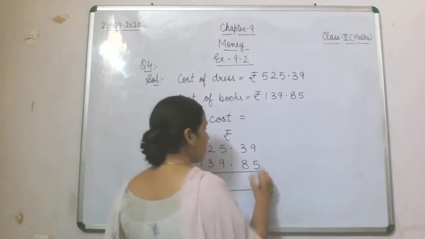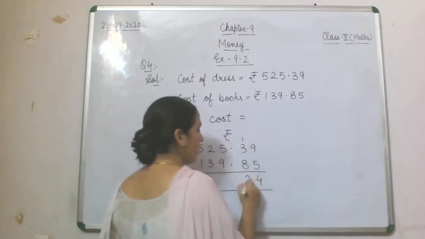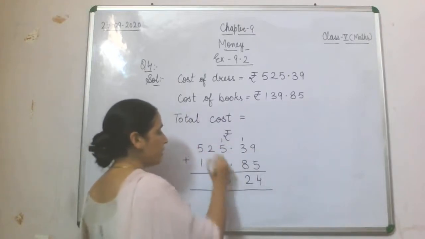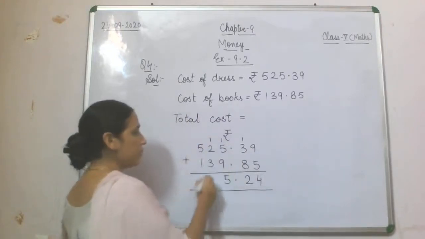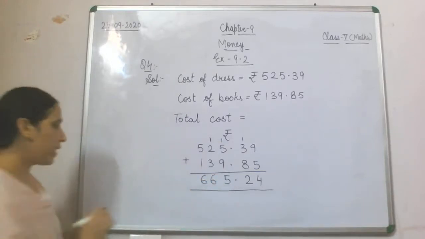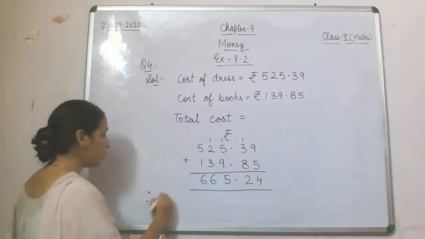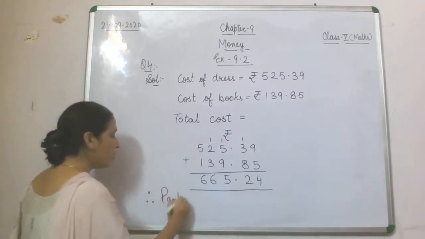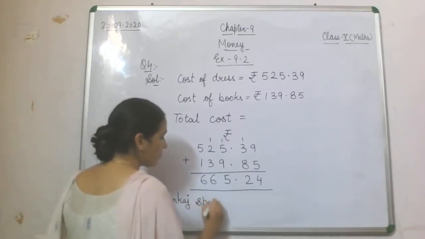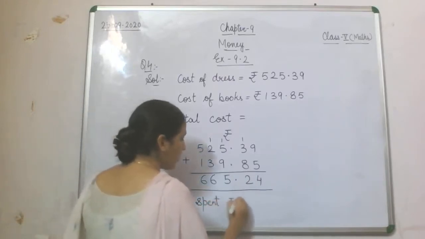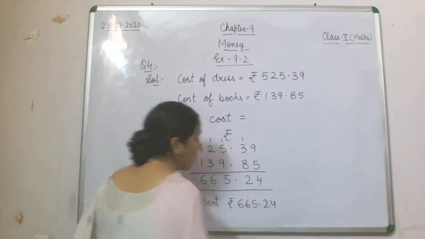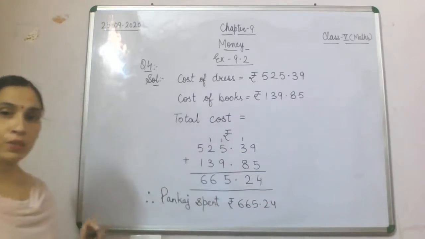We'll write here 4, 1 will be carry, 8 plus 4, 12. 1 will be carry, 9 plus 5, 14 plus 1, 15. 1 will be carry, 6 and 6. So, therefore Pankaj spent rupees 665 and 24 paisa.